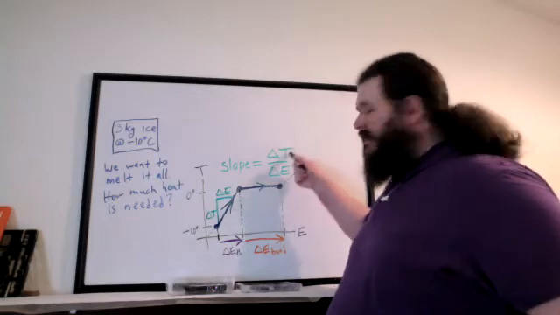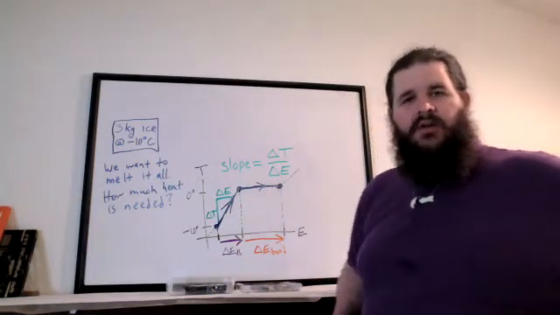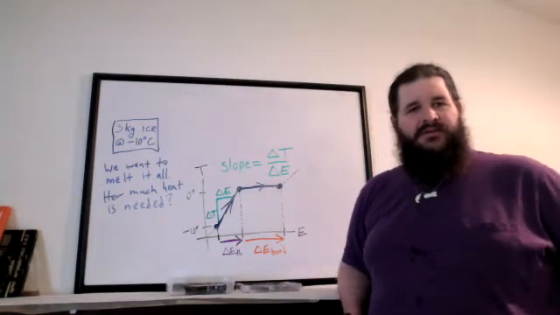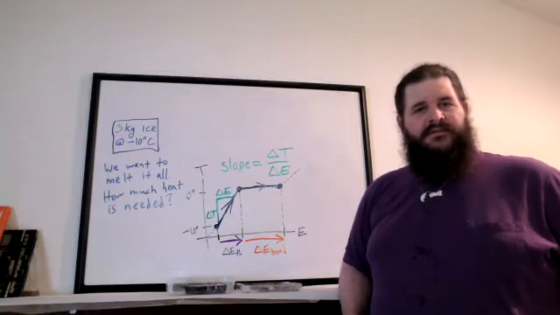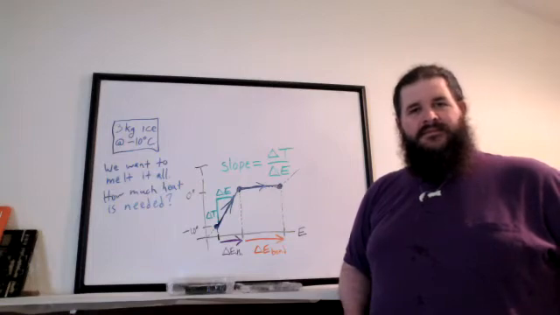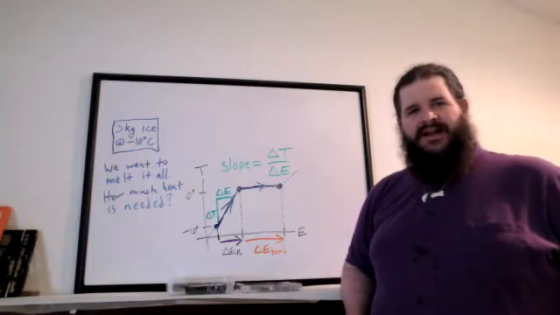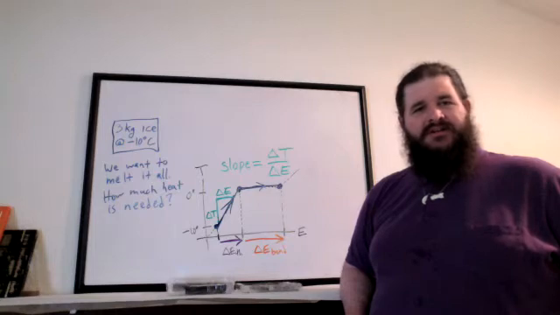The ratio of temperature change over energy change. What does that look very similar to? What other ratio were we just looking at that has almost exactly the same structure?